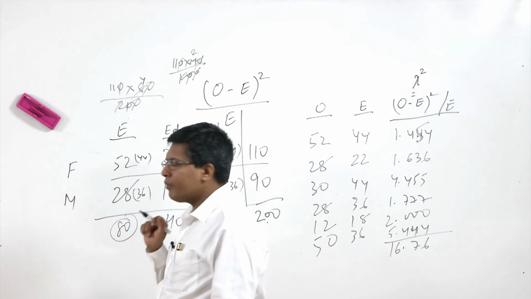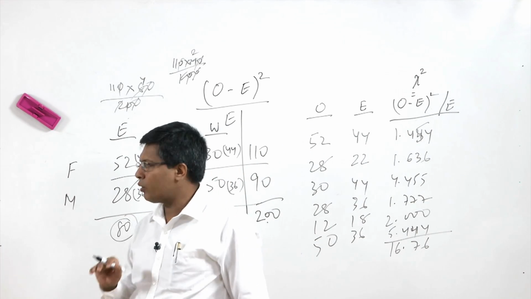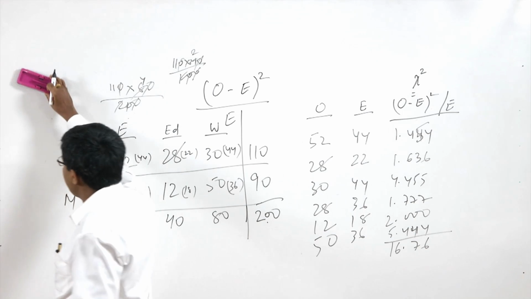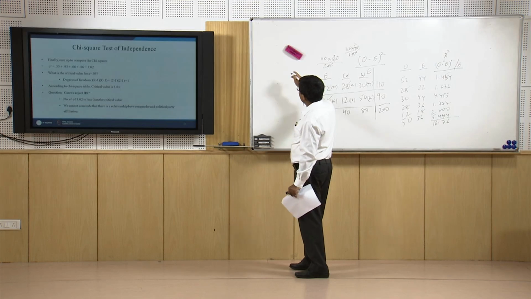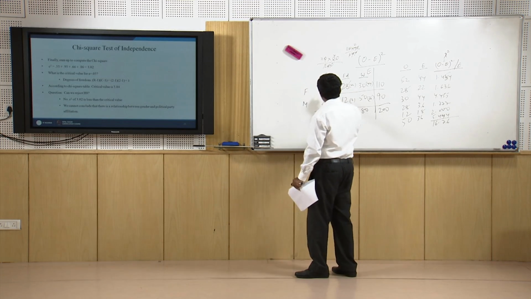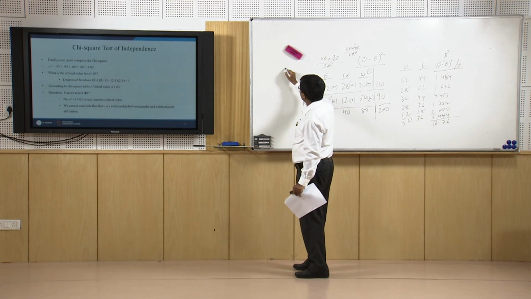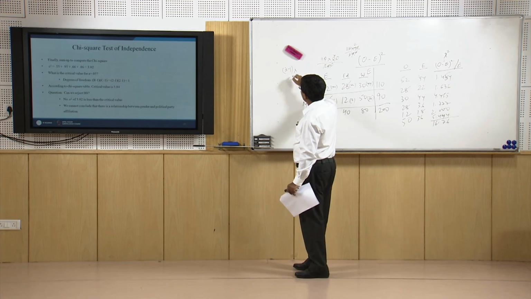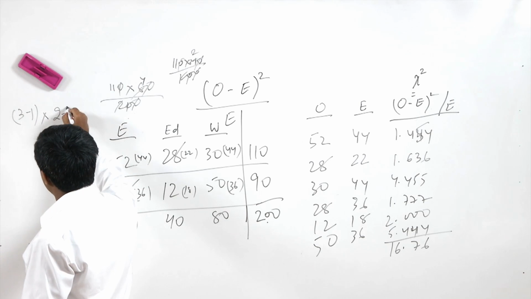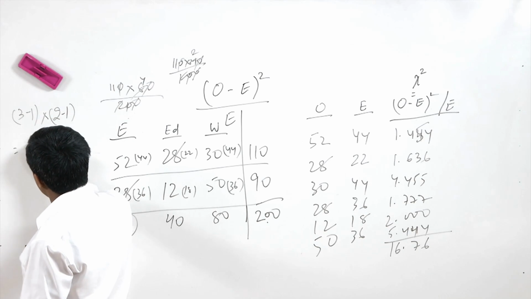Now we have to compare it against the table value. The critical value we have to find from the degrees of freedom. So, what is our degrees of freedom in this case? There are 3 columns, so 3 columns minus 1 into 2 rows minus 1. So, that means we have got 2, right.